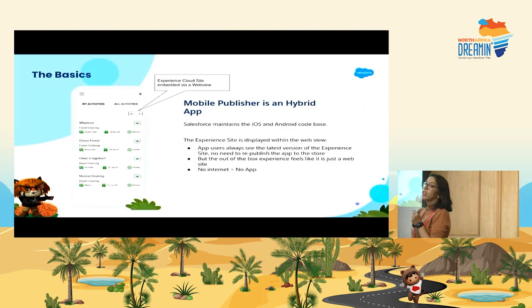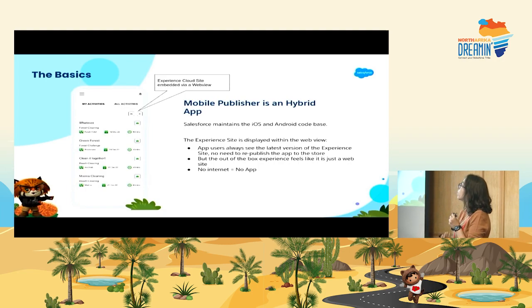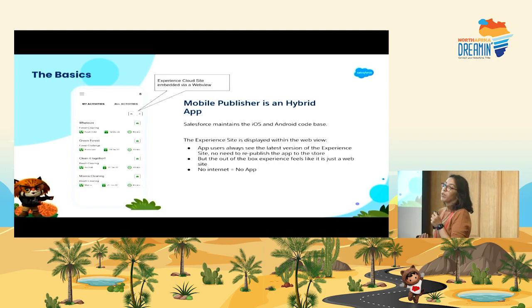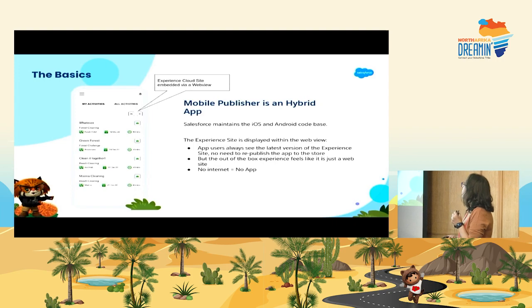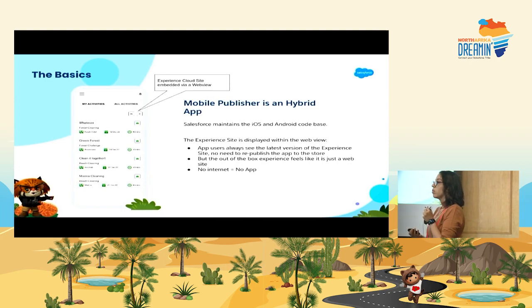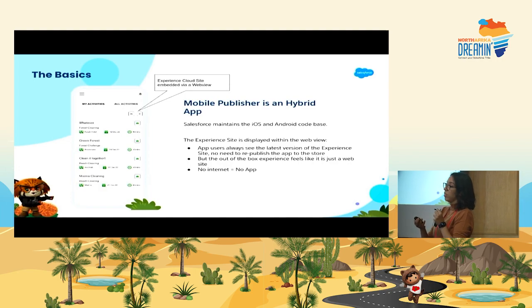Basically, when you first learn Mobile Publisher, you will see that it's a hybrid app. Salesforce maintains your code and makes it available, as I said, on Play Store and App Store. Second, Mobile Publisher is nothing but a web browser. It's just a web browser displaying your Experience Cloud site.